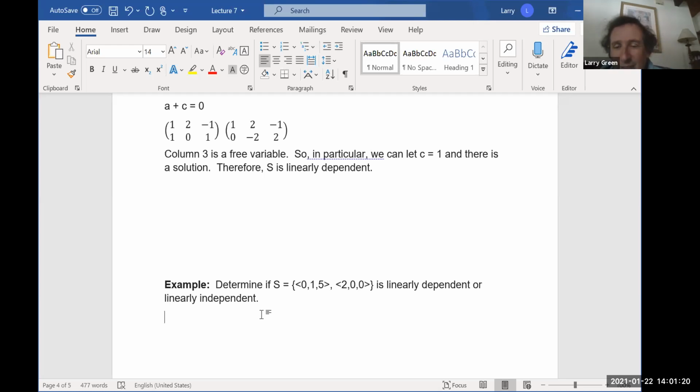So LD and LI will work in this class, and everyone will know what it means. I'm waiting until a couple of you get it, and then I'll work it out.